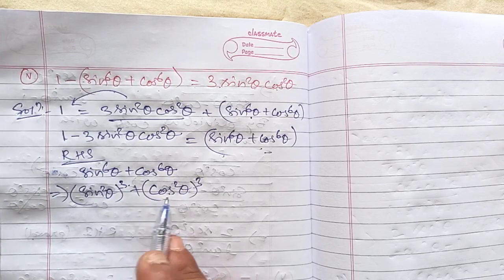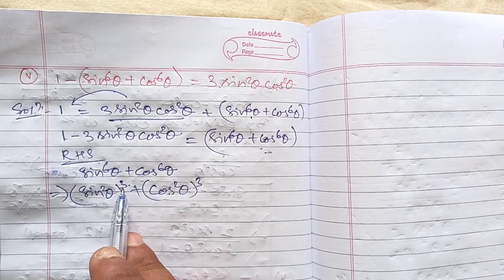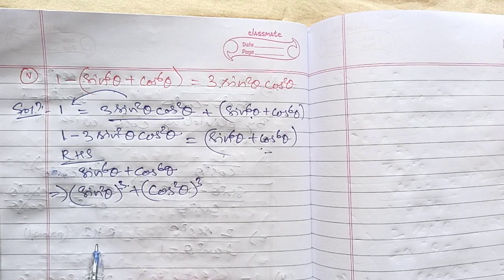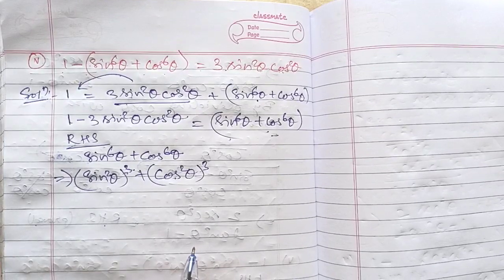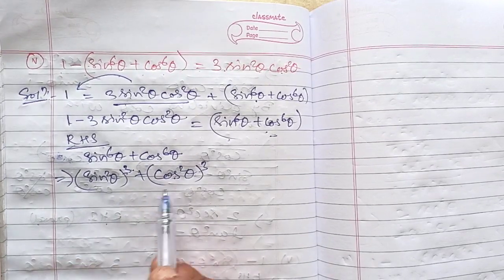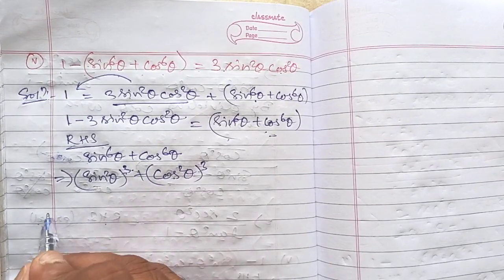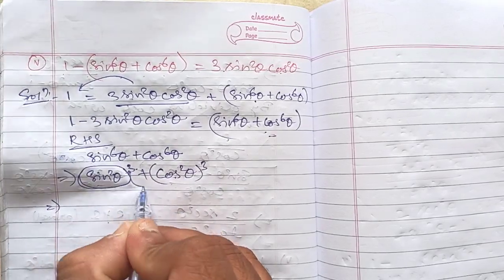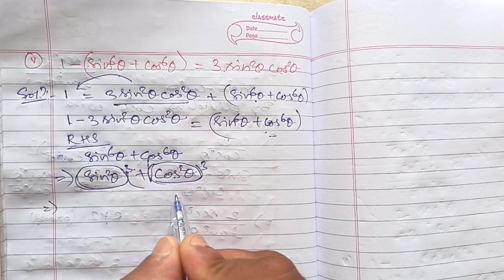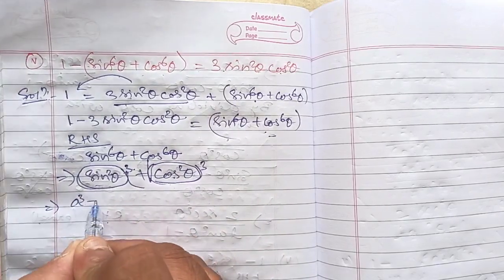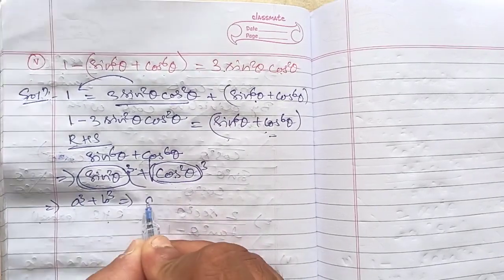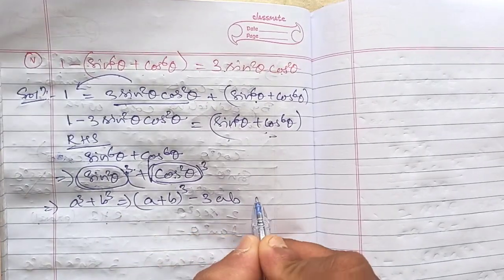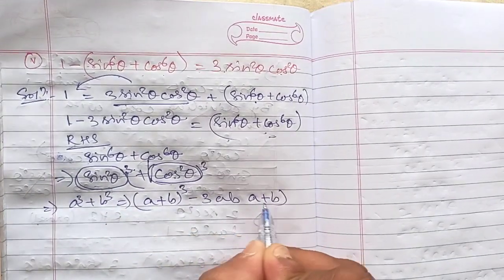Because we can use a cube plus b cube formula. If I write cube inside, square outside, there is no formula for sin cube theta. The identities which I have given you have squares for the trigonometric ratios. Now this is your a and this is your b. So what is the formula of a cube plus b cube? A cube plus b cube formula is (a + b) whole cube minus 3ab into (a + b).